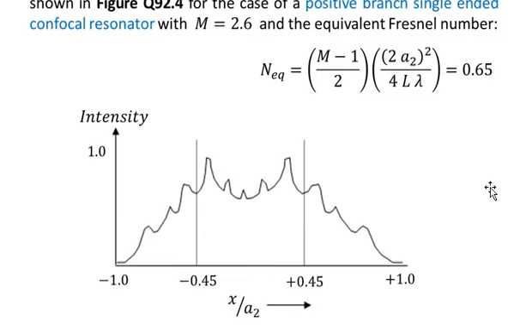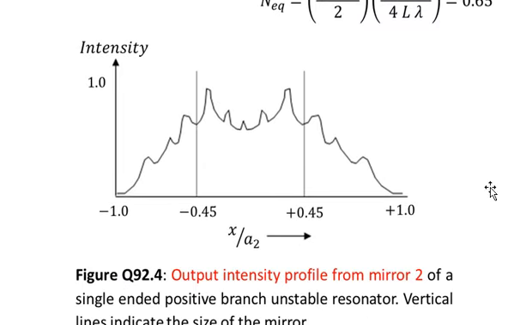For the simulated results, we have the intensity plotted on the vertical axis, and the dimension of the transverse aperture at the mirror 2 is represented by the parameter A2.